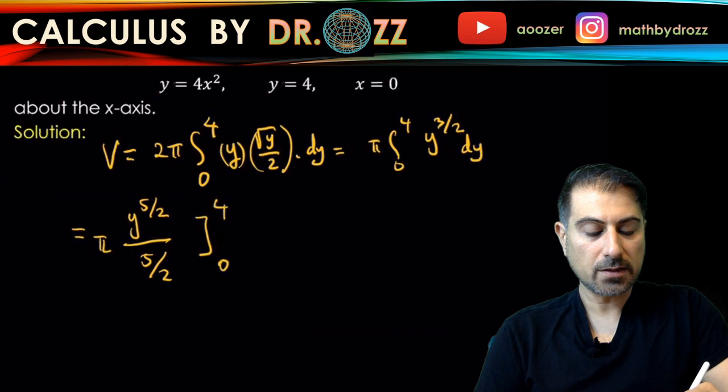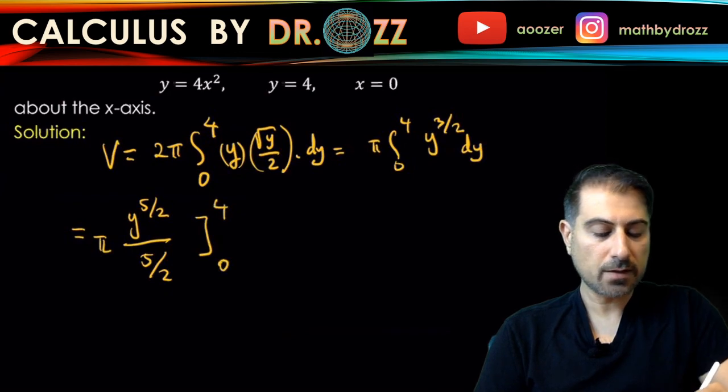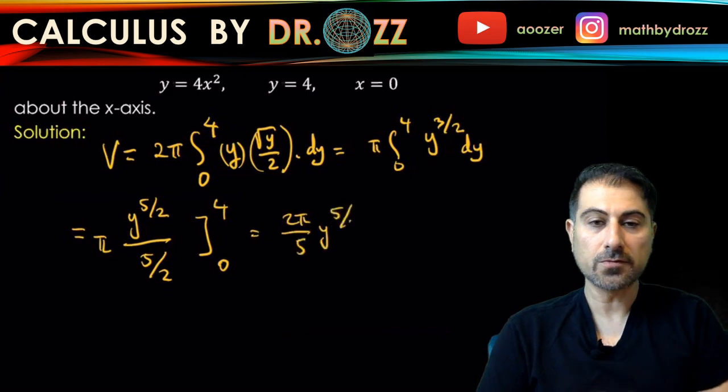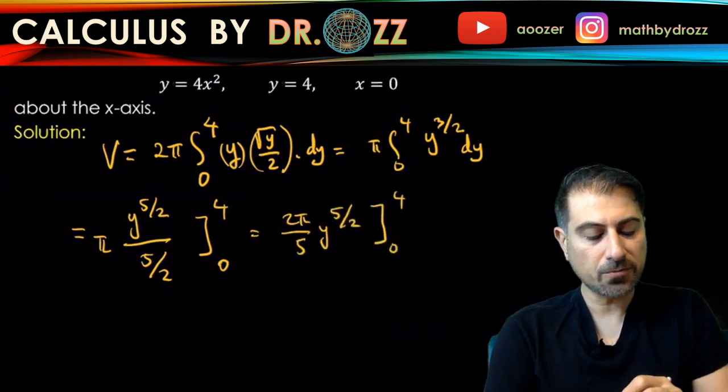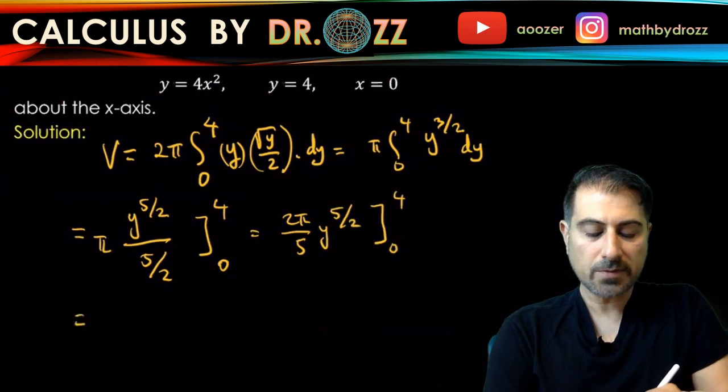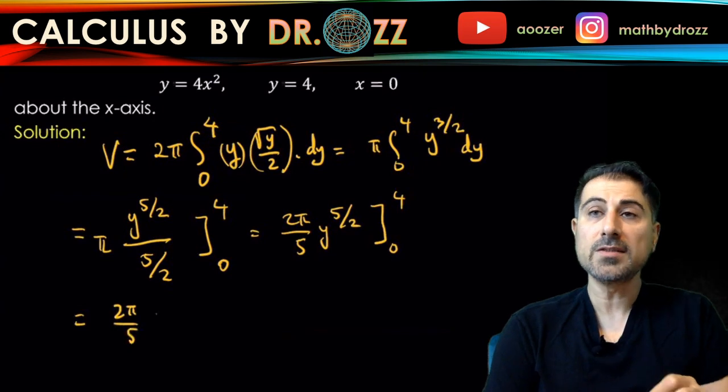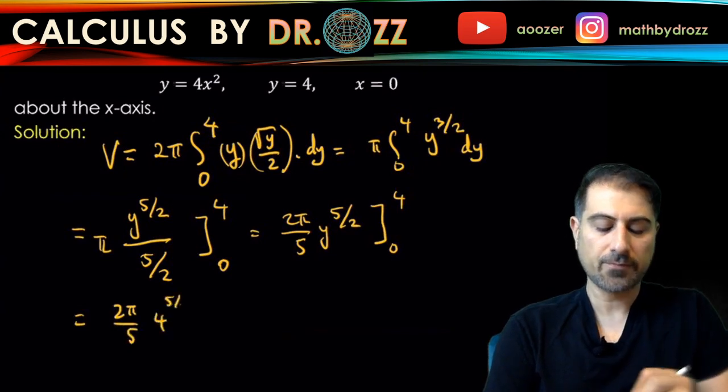That's in fact equal to 2 pi over 5, y to the 5/2 from 0 to 4. Let's use the fundamental theorem of calculus. Plug in 4 for y: 2 pi over 5, 4 to the 5/2. If you plug in 0, it's all 0.